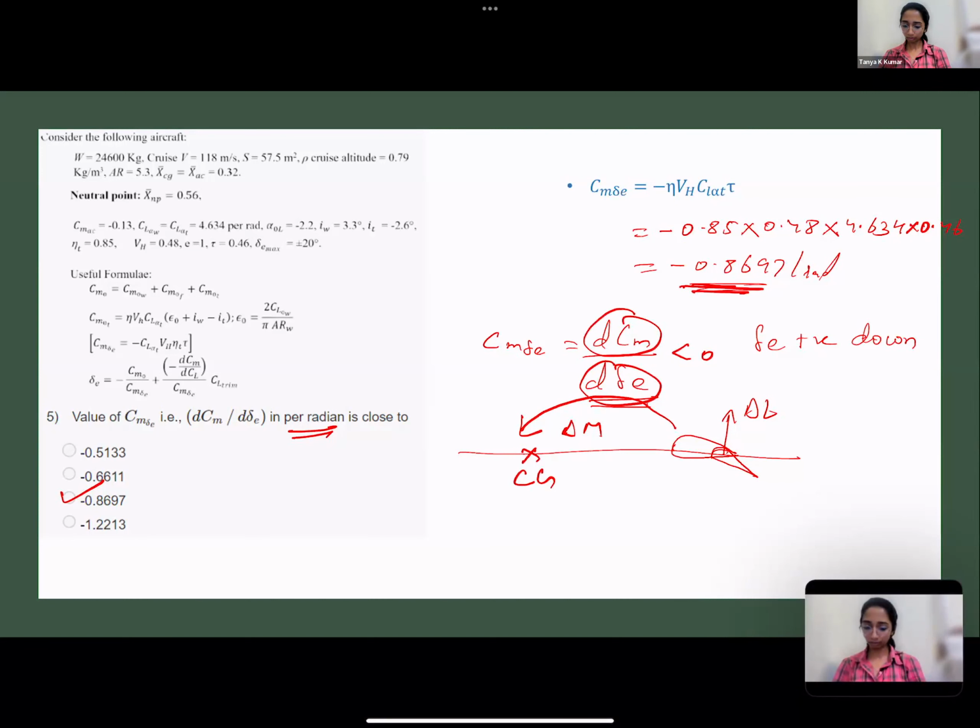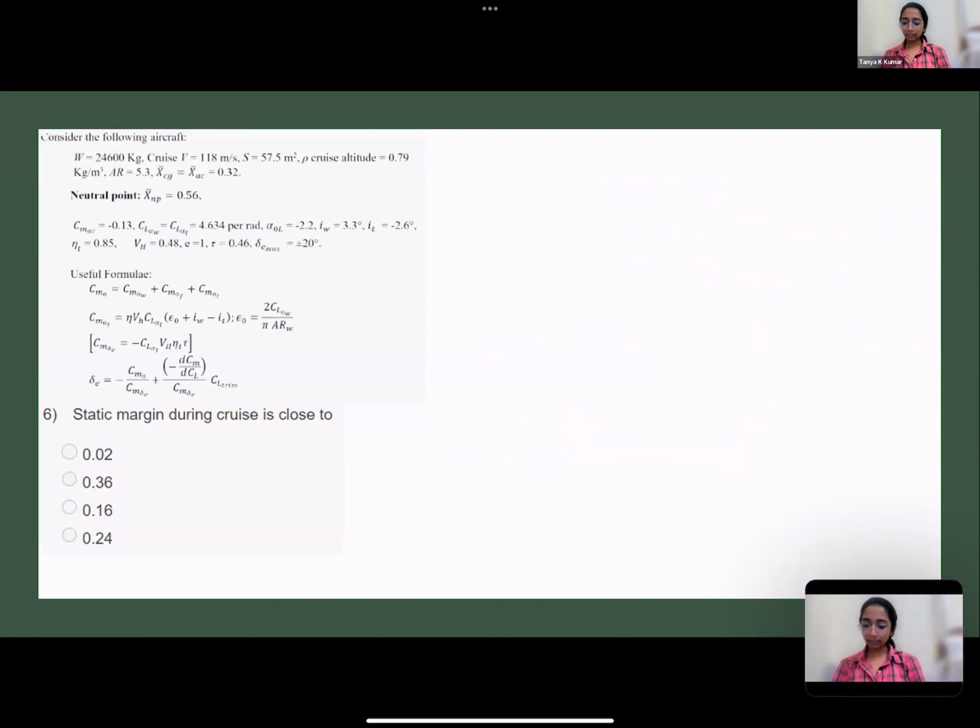Okay, let's go to the next question. Static margin during cruise is close to what? How do you proceed with this? They've given you the neutral point. Static margin is x bar NP minus x bar CG. Will it be positive or negative?